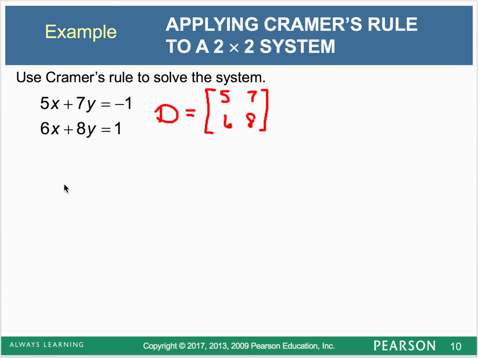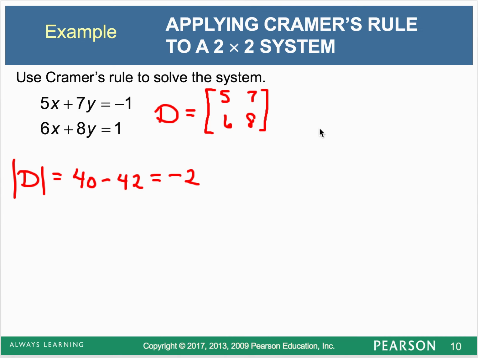Now remember, let's always evaluate the determinant of D first, because we might not have to go any further. So 5 times 8 is 40, minus 7 times 6 is 42. So 40 minus 42 is negative 2.